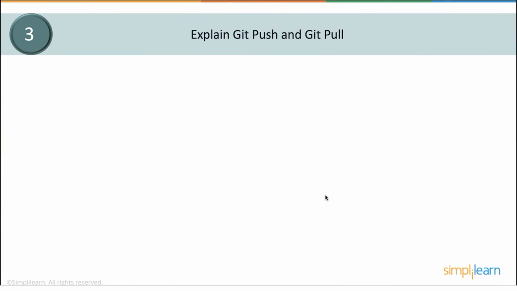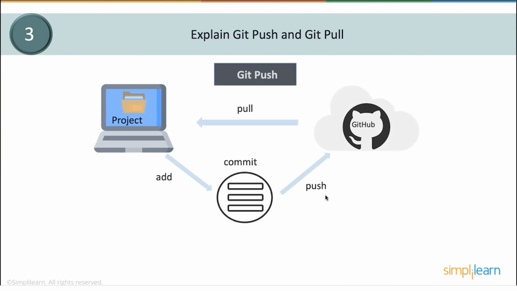Now, my next question is: explain git push and git pull, and how they differ from each other. When we talk about git push, push is trying to commit the changes made in the local file system to the centralized repository.